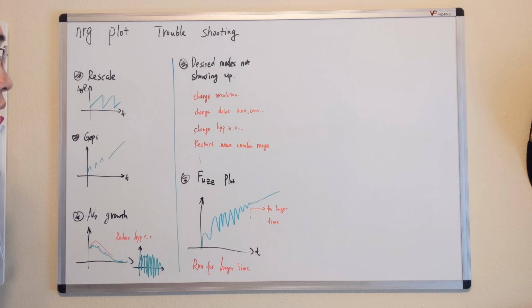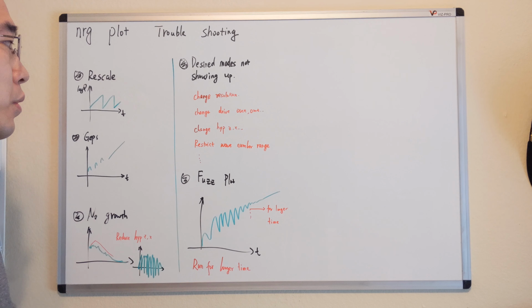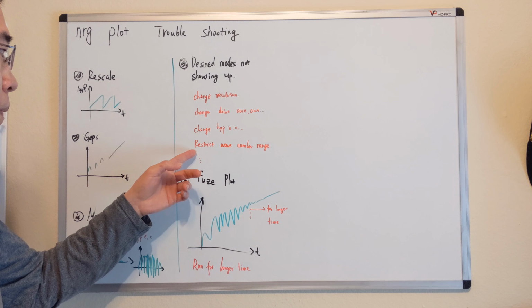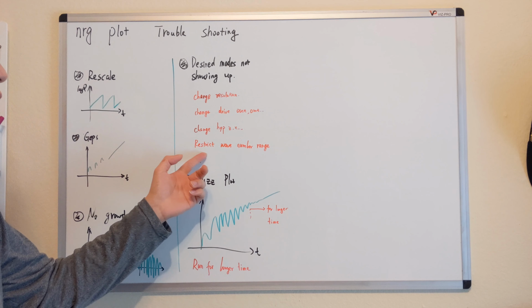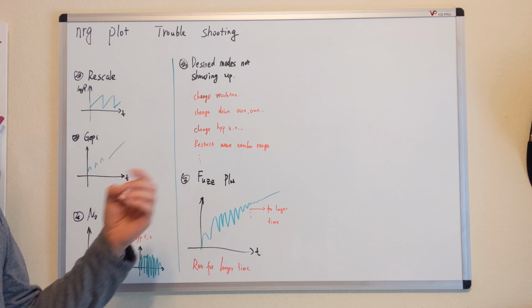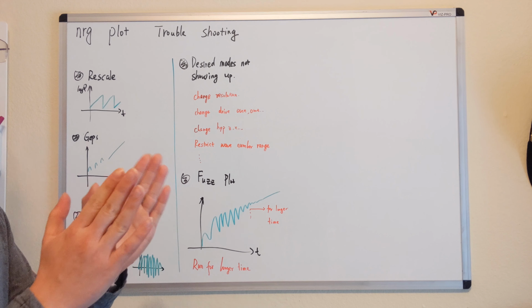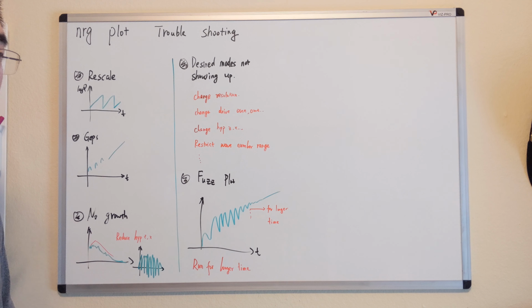You play around with hyp Z and X, and it will damp out the ETG, but the MTM, microtearing mode, will still exist. For nonlinear simulations, you can also restrict the wave number range so that you have strictly the desired wave numbers, and then you will have a more desirable result.